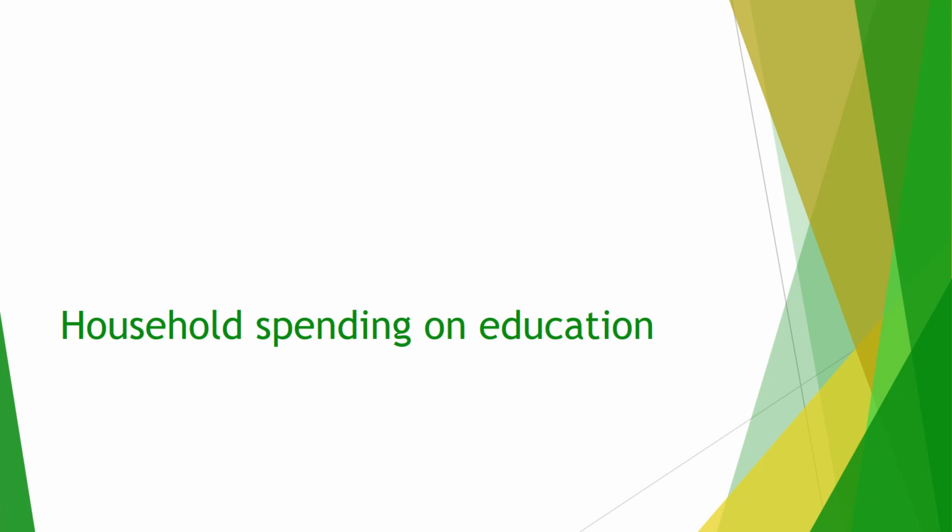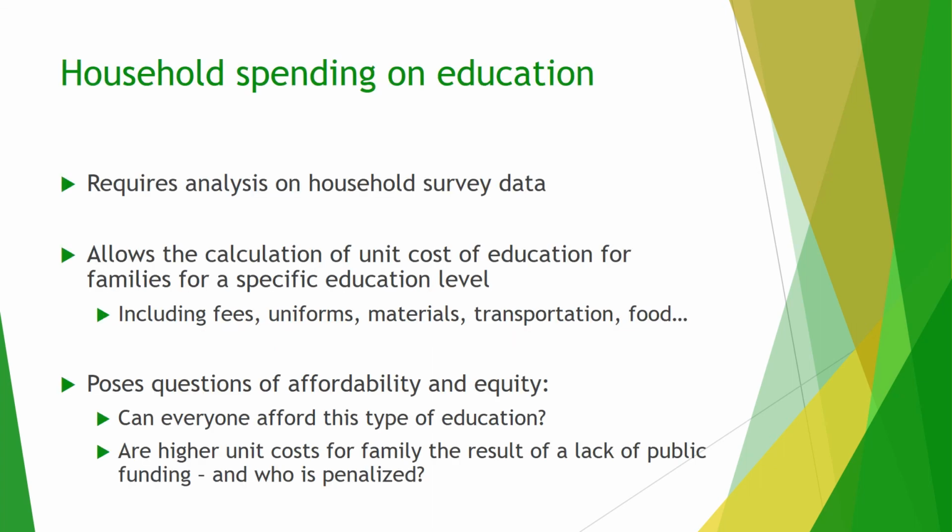We'll conclude by saying a few words about household spending on education. Analyzing household spending of education requires a whole different set of data. National budgets and EMIS, Education Management Information Systems, typically include no information on spending made by families for education.